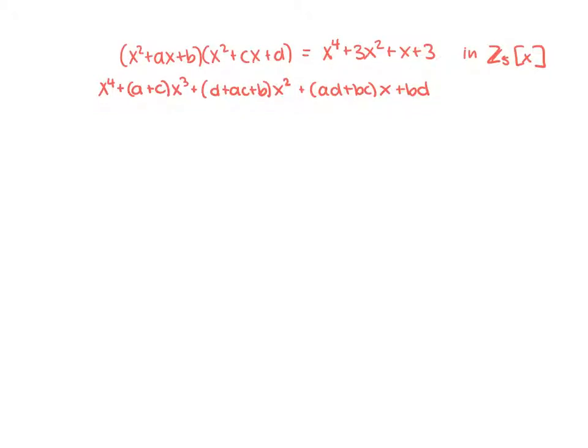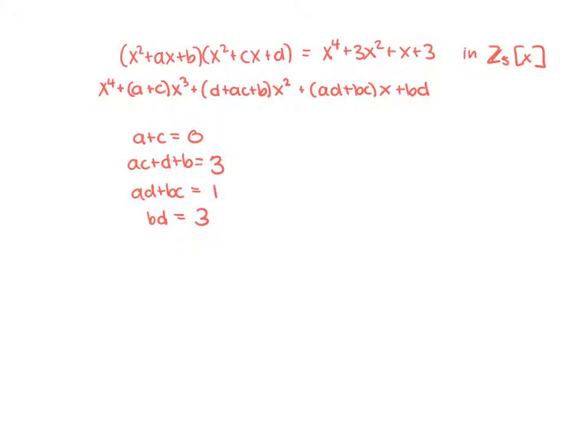All right, so that means a plus c is 0. There is no cubic term. The quadratic term is 3. The linear coefficient is 1, and the constant coefficient is 3.